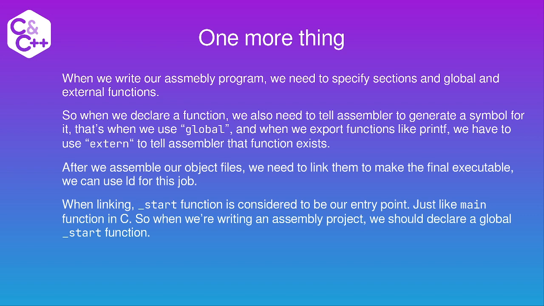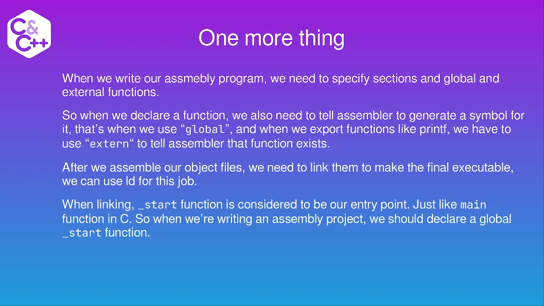Let's say you want to link a library, that's when you make your functions global. And when you link them, the linker can find where your function is and call it easily. And there's also the extern keyword, and that's basically what we use when we are using external functions, like C.